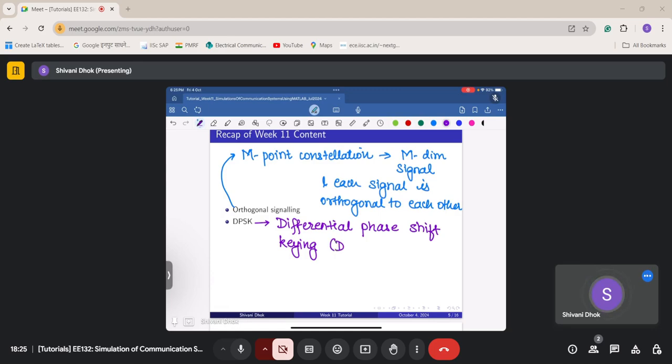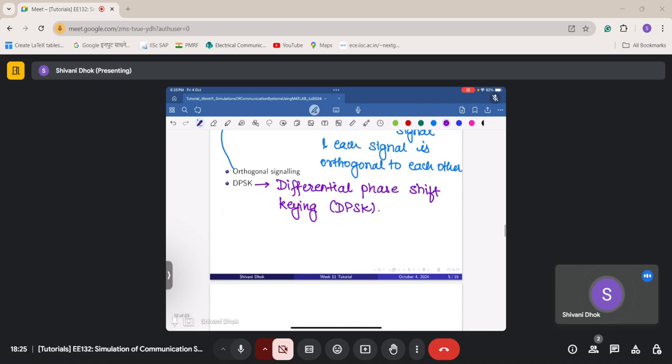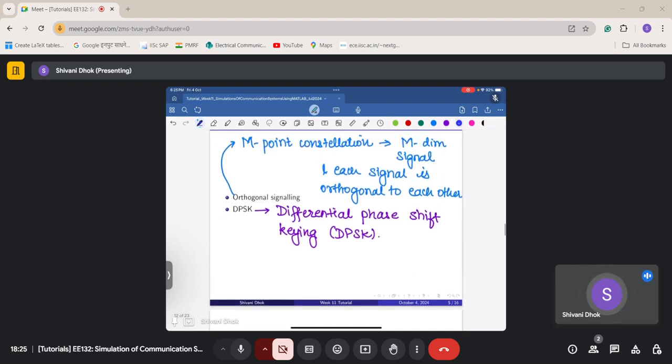So we have a sequence of 1 and -1 going into the DPSK modulator.